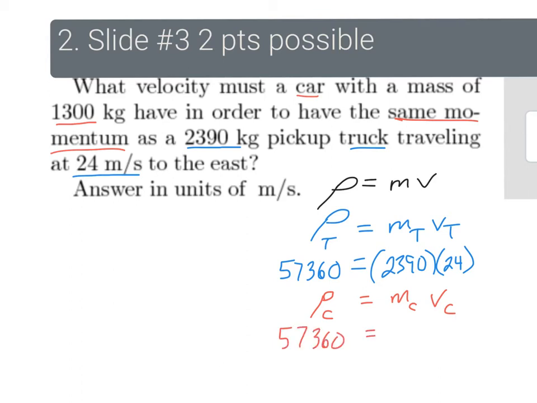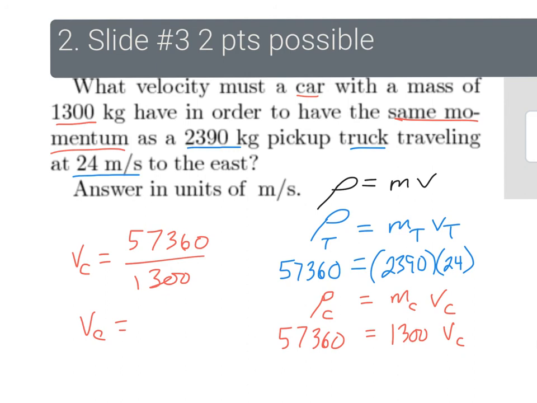I know the mass of my car is 1,300, and we're trying to find the velocity of the car. So to move that around to solve for VC, it's just 57,360 divided by 1,300. So VC would have to be equal to 44.12.